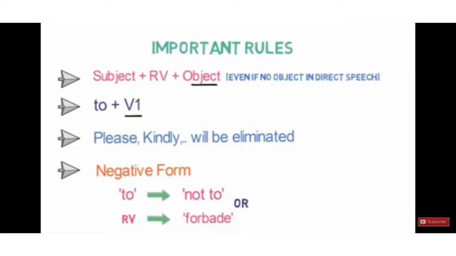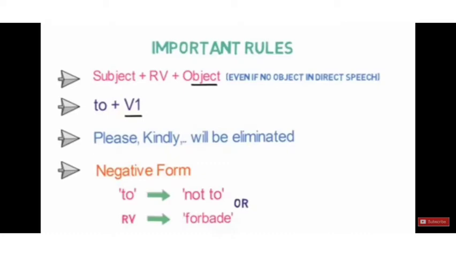Number 2. After the conjunction to, the main verb will always come in the verb's first form. Number 3. Imperative words like please and kindly will be eliminated. Number 4. If the imperative sentence is in negative form, either to will be converted into not to or we use forbade in the reporting verb.